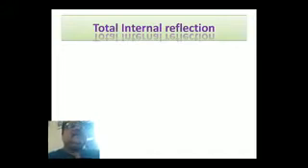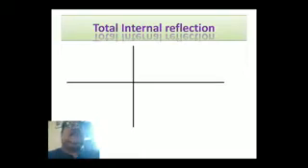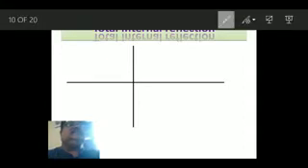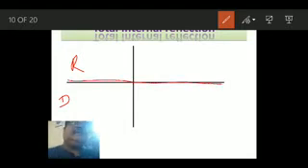Let us explain this with the help of this example. Suppose this is the denser medium and this one is the rarer medium, and this is the interface which separates the denser from the rarer medium.